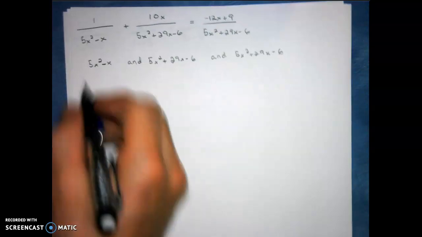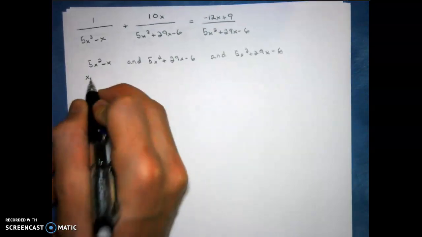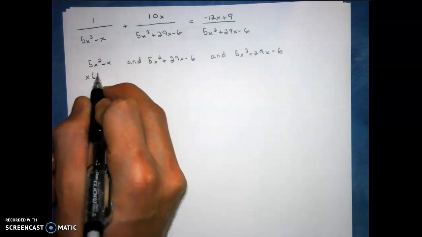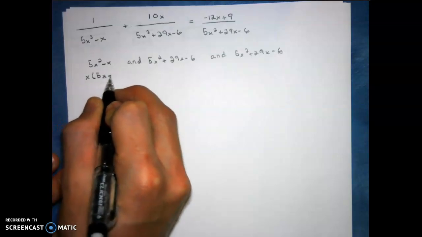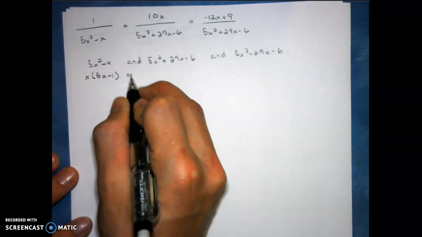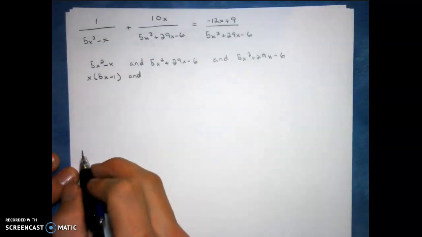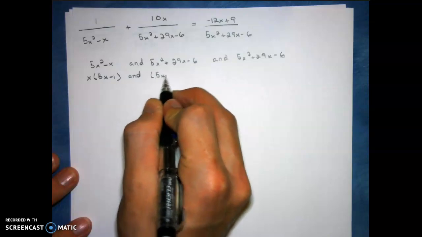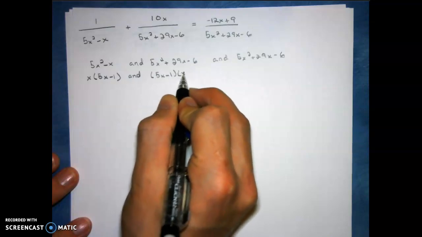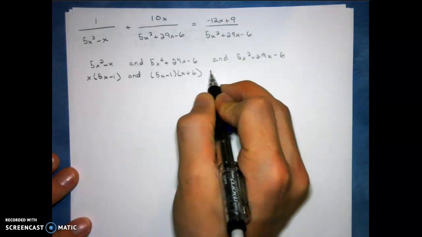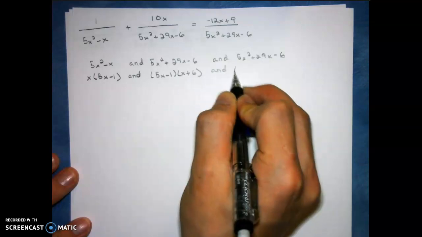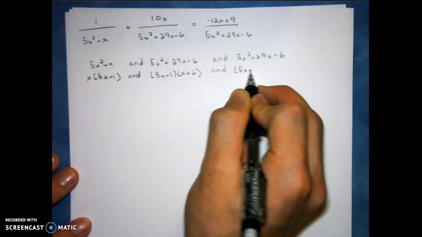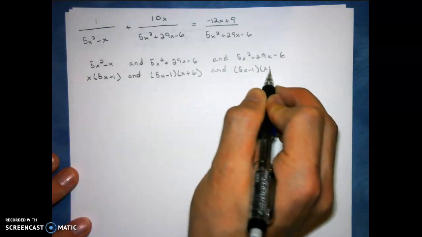So this first one, we can pull out a GCF of x. Then we're left with 5x minus 1. This second one factors to 5x minus 1, x plus 6. And this one is the same thing: 5x minus 1, and x plus 6.